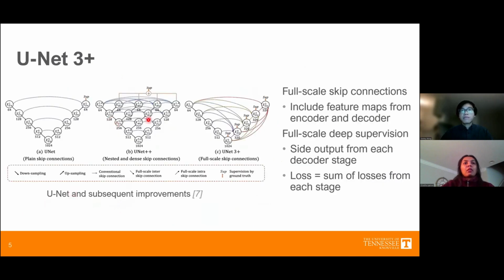So there are improvements to the UNet. The current improvement to UNet is UNet 3+. It incorporates additional skip connections called full-scale skip connections. So these skip connections take in feature maps from the encoder.